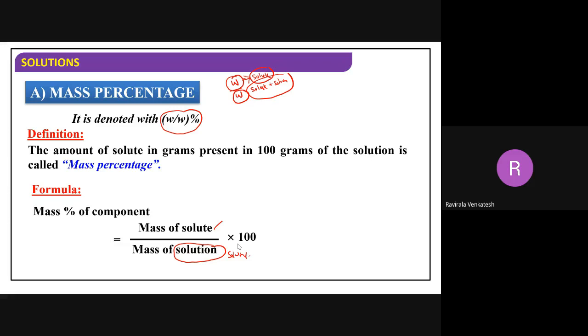Don't take solvent. Take solution only, because you are calculating percentage, so the total you have to consider. Understood?